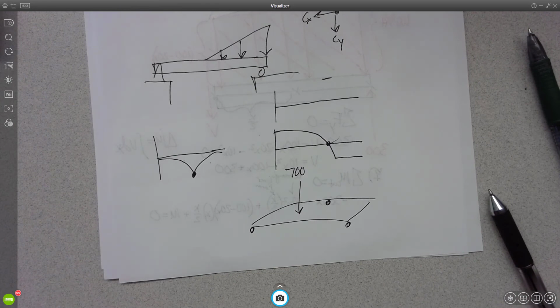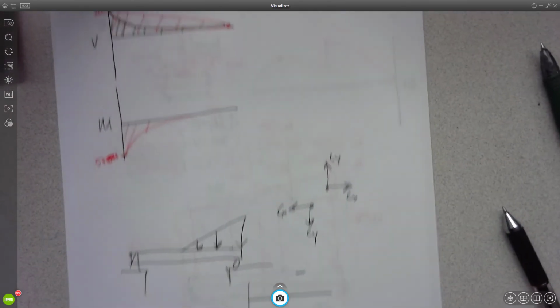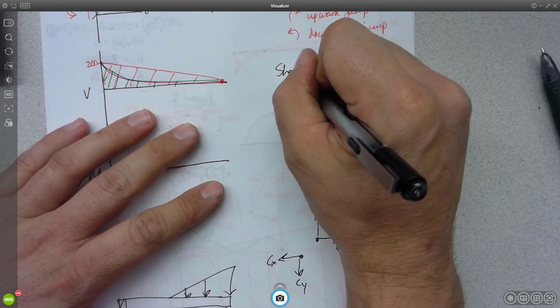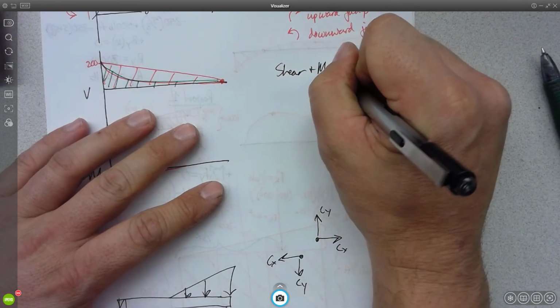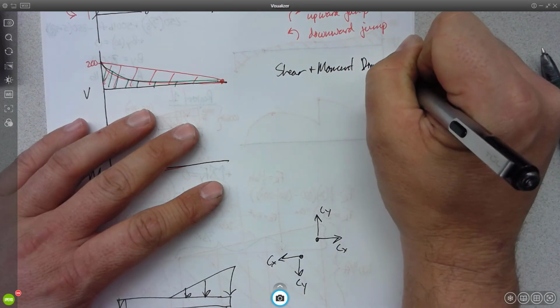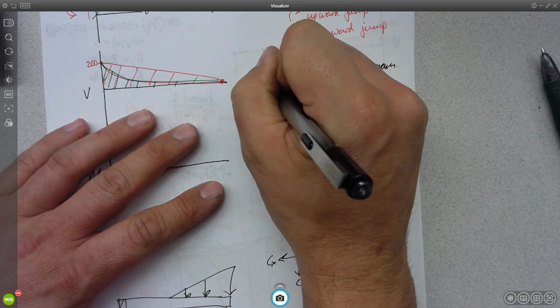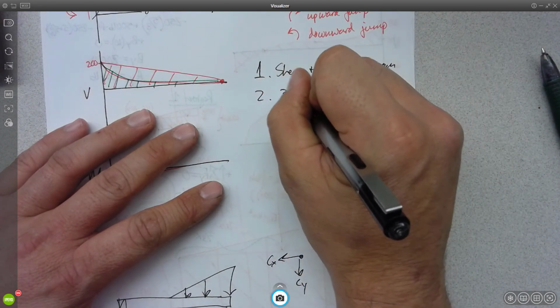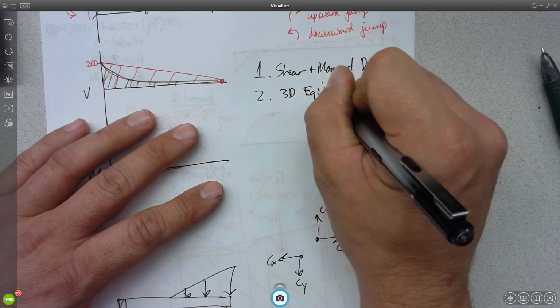One last thing. You're going to have a shear and moment diagram, at least one problem on that. You'll have one problem on 3D equilibrium.